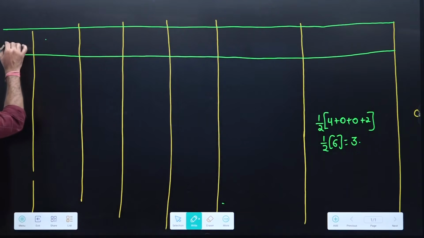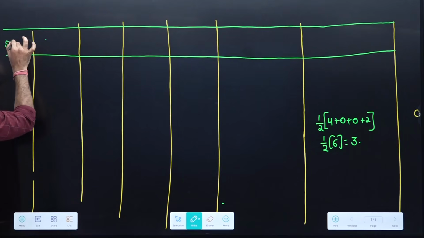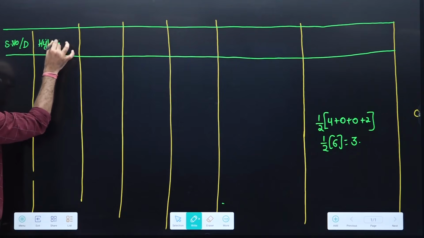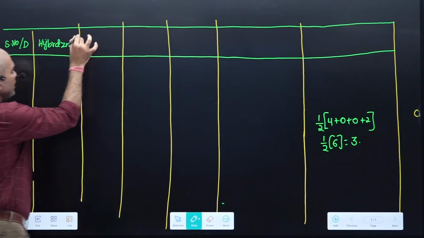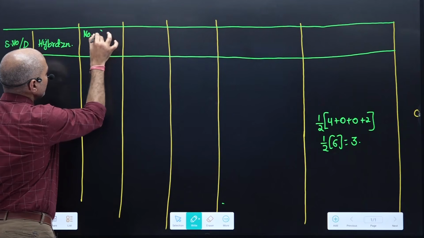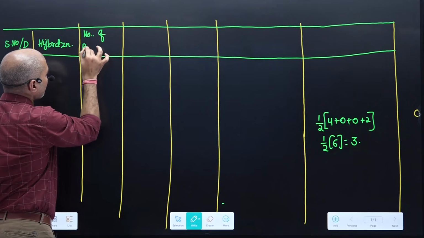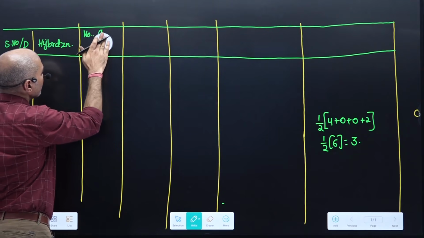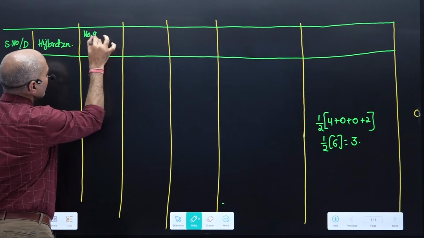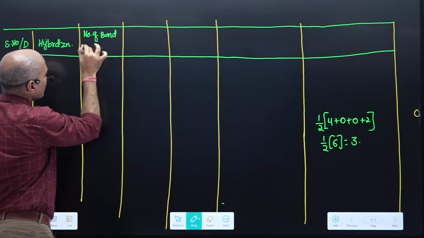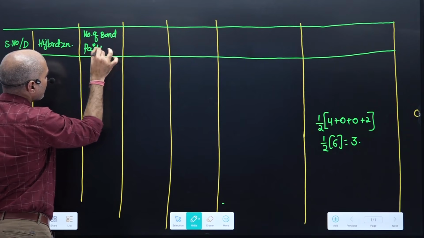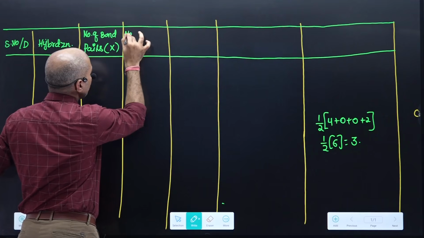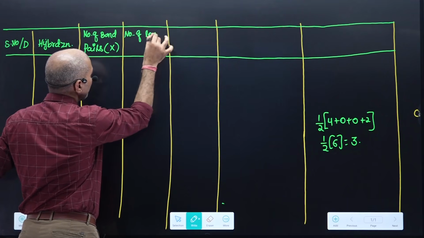Okay. So the first one is steric number or domains. Next column is hybridization. Next column is number of bond pairs. Here I am indicating it with X. Next column is number of lone pairs or non-bonding pairs.